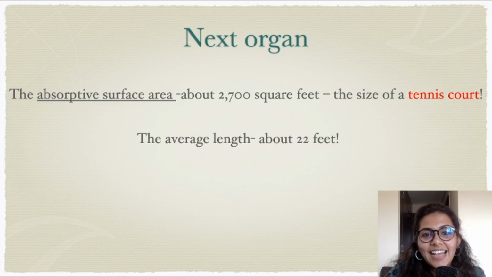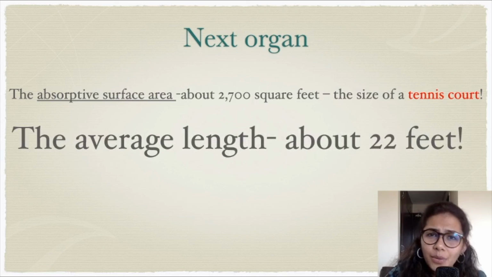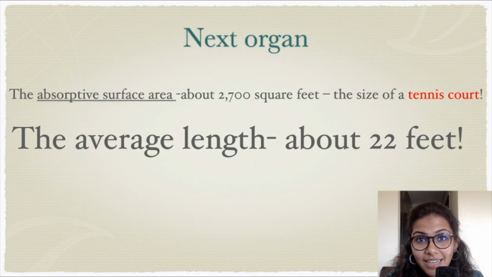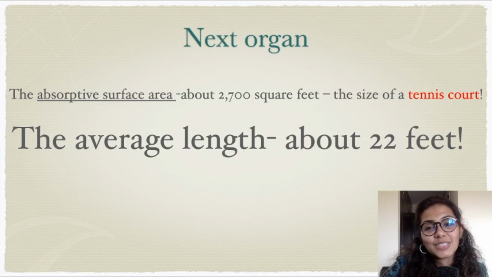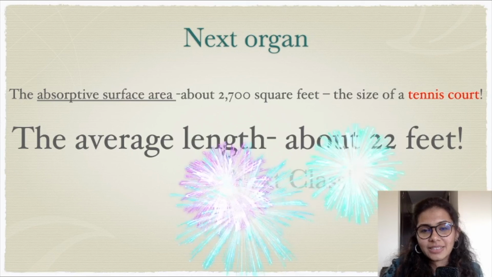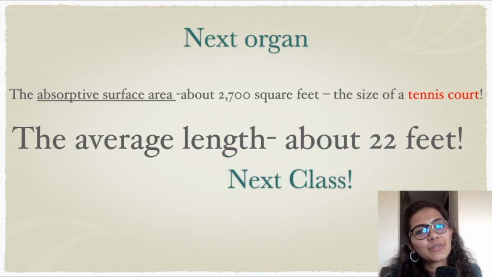The average length of this organ is about 22 feet. How tall are you? 4 feet? 5 feet? Okay, 6 feet. But this organ's length, if you straighten it out, is 22 feet long. So we'll learn more about that organ in the next class. For now, only this much.